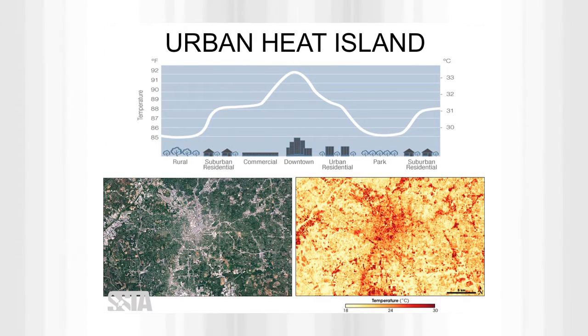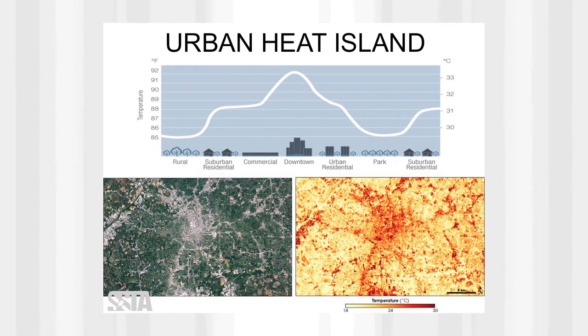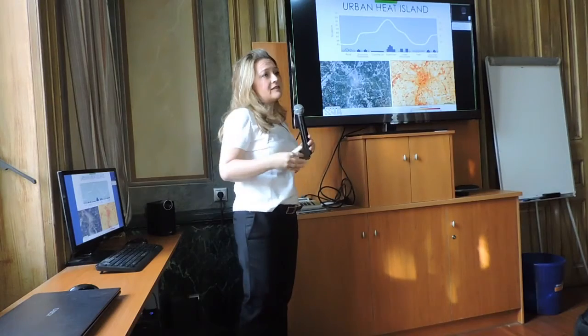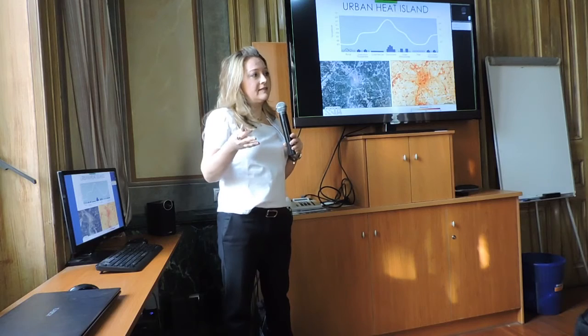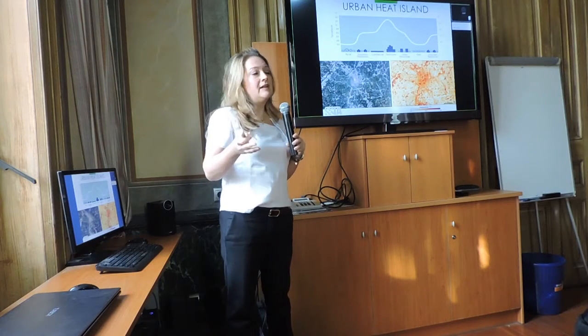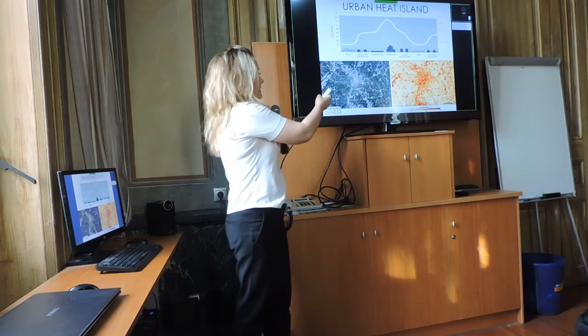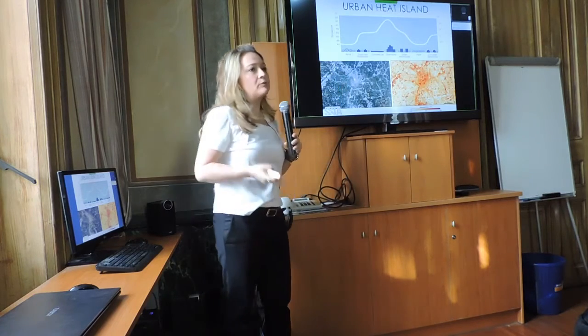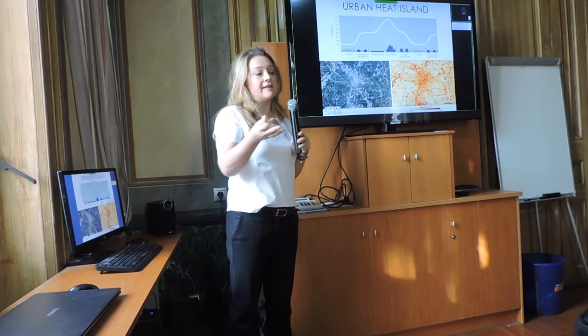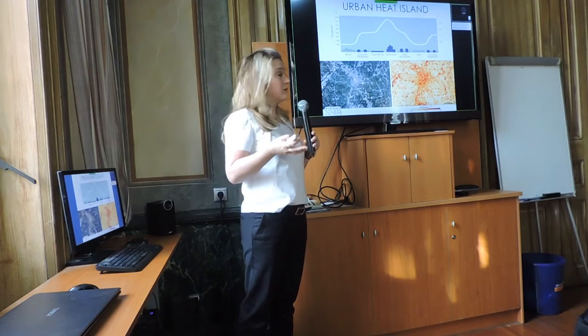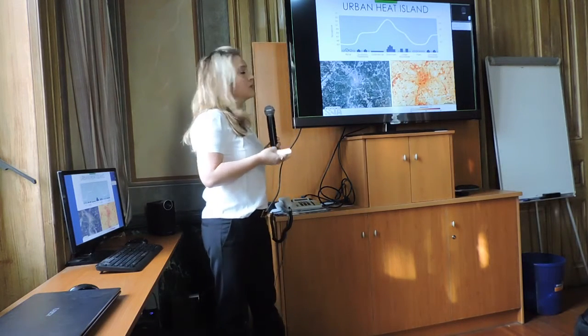The patterns that you see differ between cities, and the reason is the different surrounding areas. So, for example, if you have Cairo, which has desert around the urban area, or a city that has, for example, a forest around it, then the spatial patterns, the thermal patterns that you will see in the urban area will be different.